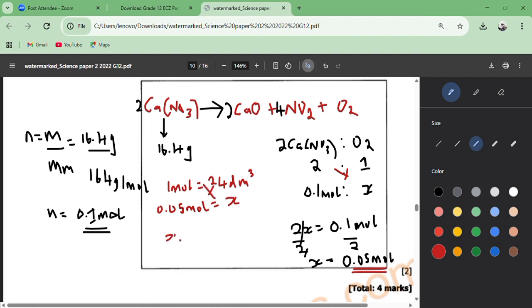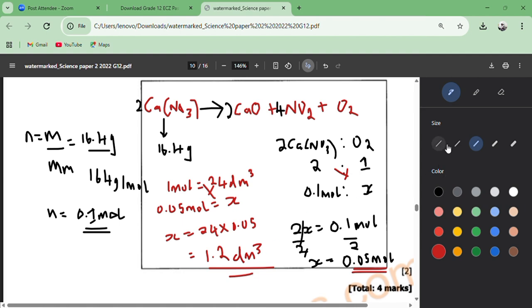Cross multiply here. X will be equal to 24 multiplied by 0.05. What do we get? Okay, so that's the volume.